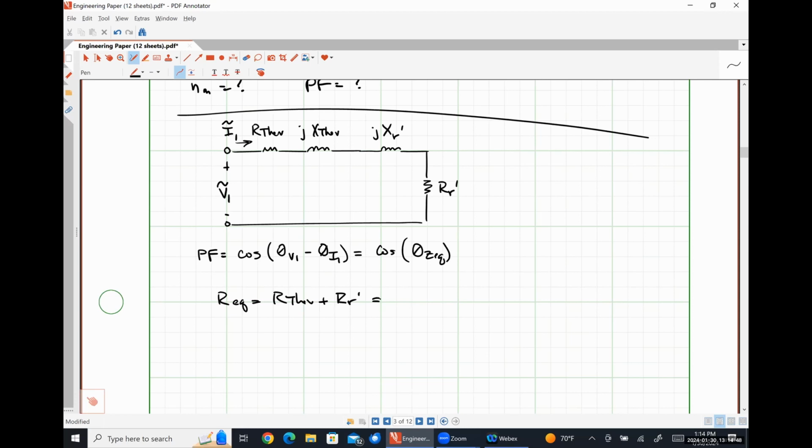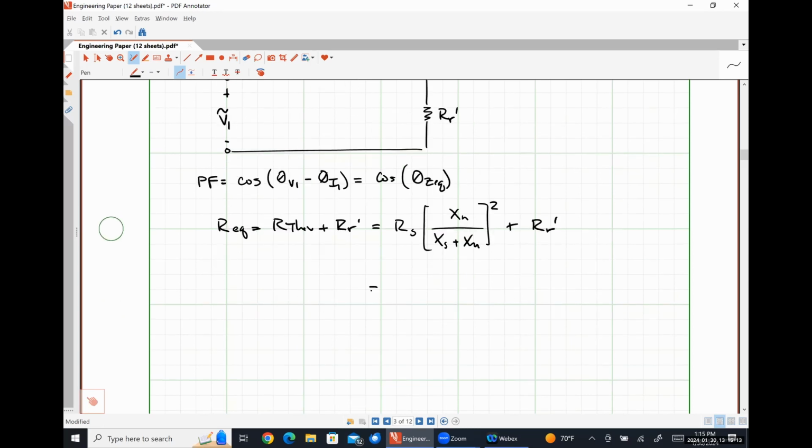So RThev plus RR prime is going to look like RS times XM over XS plus XM, quantity squared, plus RR prime.